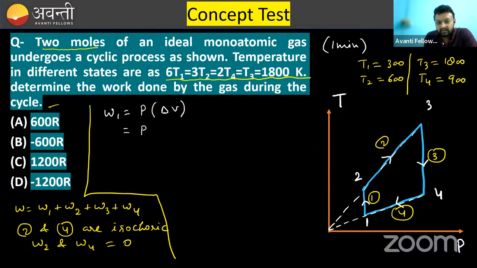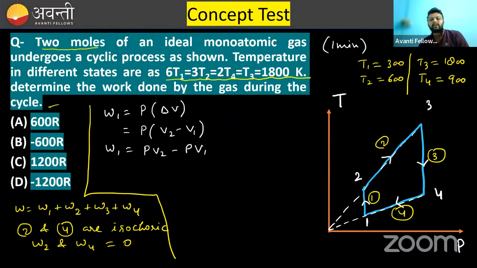That is P times V2 minus V1. Can you see that? Delta V is V2 minus V1. But volume is not given. You can write it as PV2 minus PV1. I think this is clear. From the ideal gas equation, PV is equal to nRT.